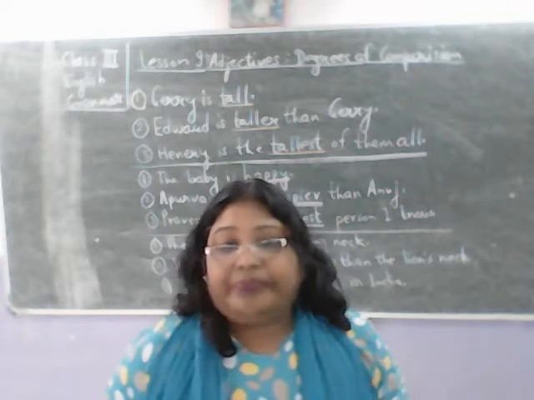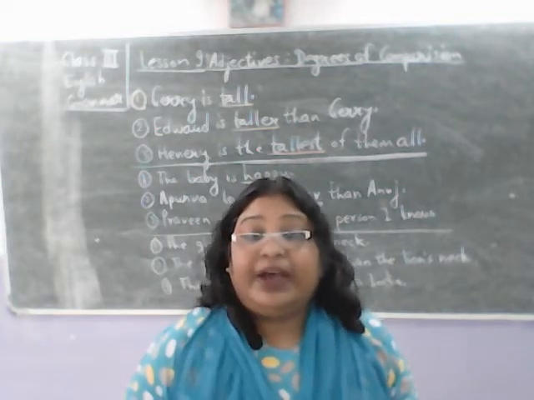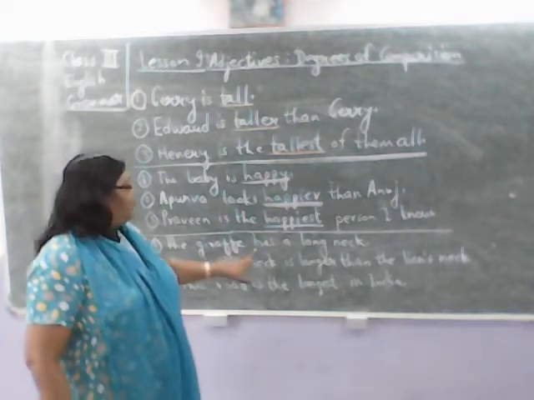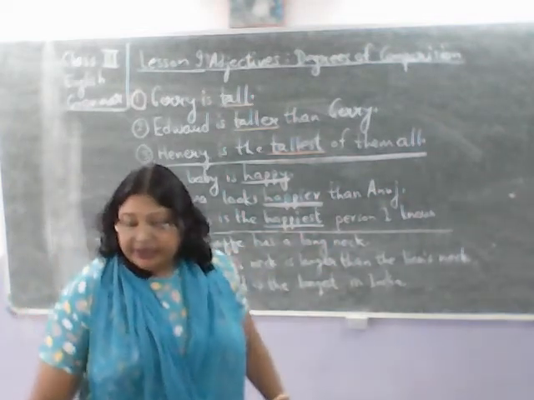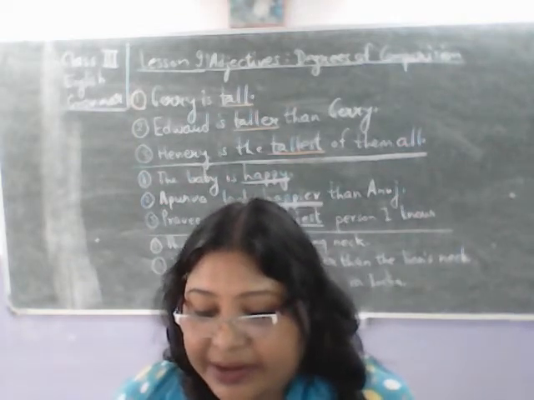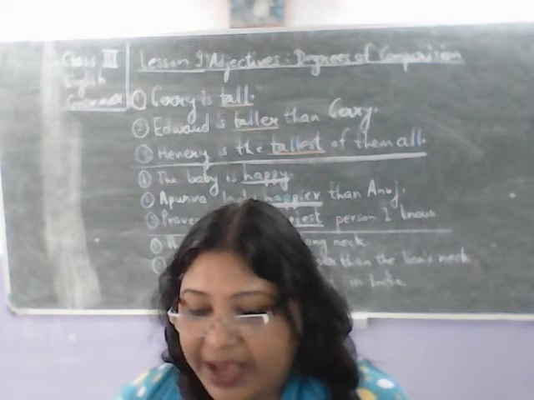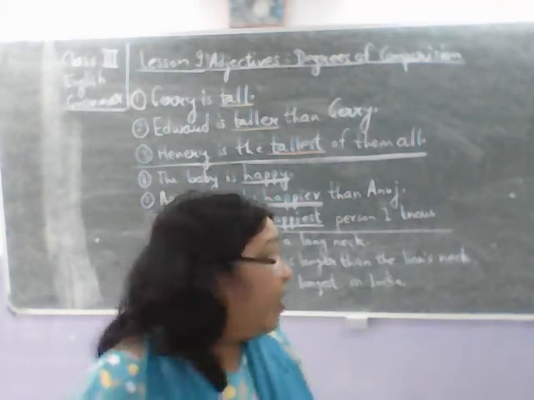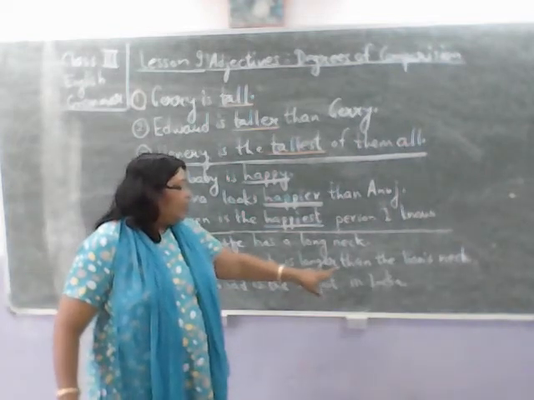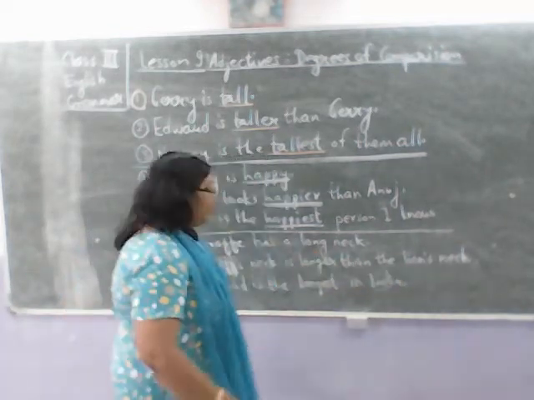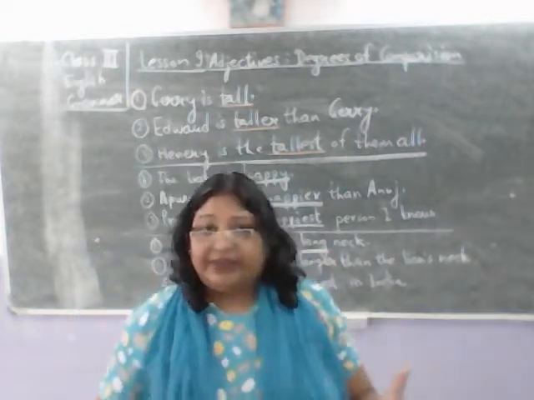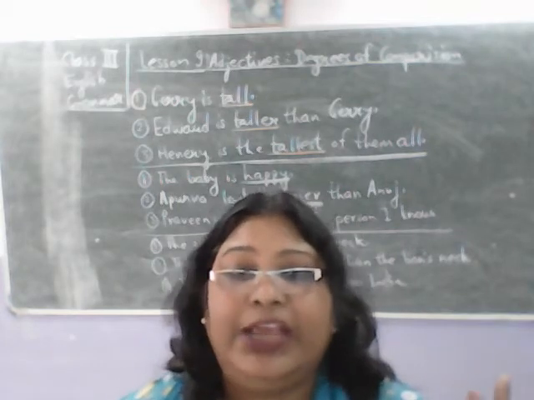Now, I am going to give another example also. The giraffe has a long neck. So here we are telling that the giraffe has a long neck. But when we compare two things, how will you say it? The giraffe's neck is longer than the lion's neck. So first we said that the giraffe has a long neck. We were telling about only the giraffe.